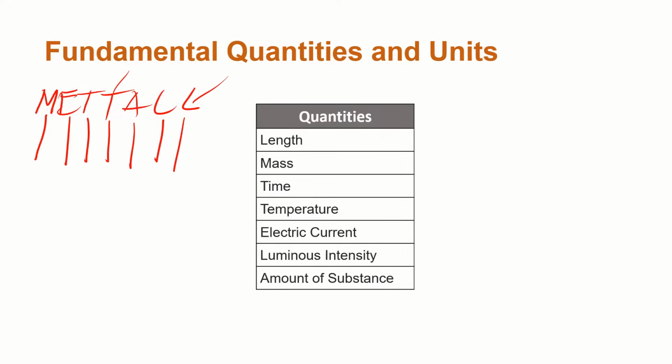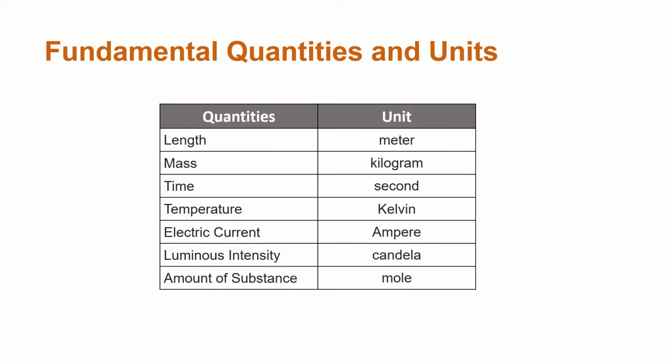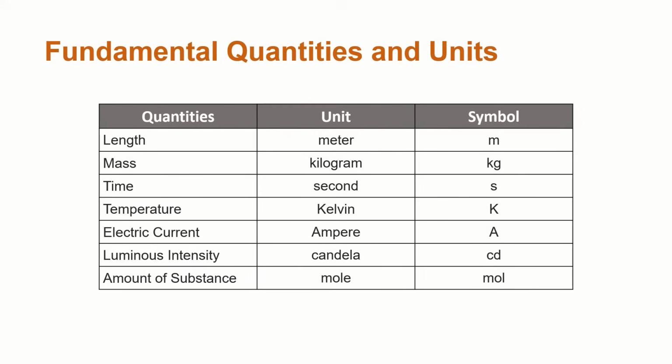Since there are 7 fundamental quantities, there are also 7 fundamental units that measure these quantities. So, these are the 7 fundamental units, and these are the symbols of these units.